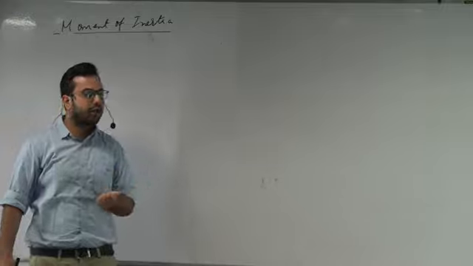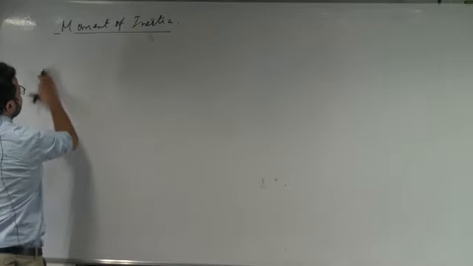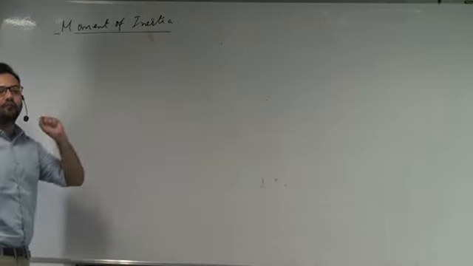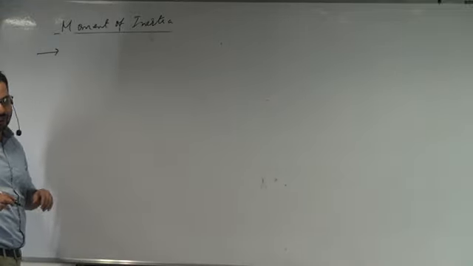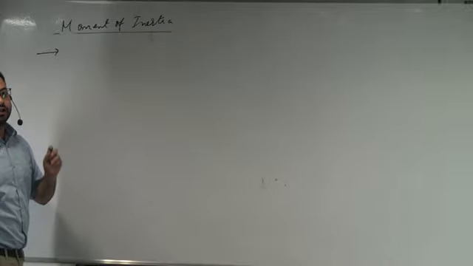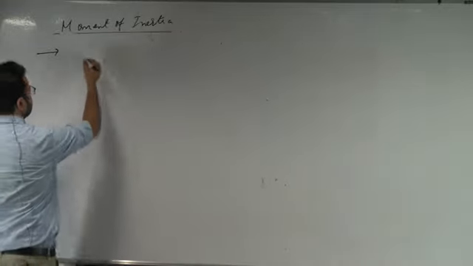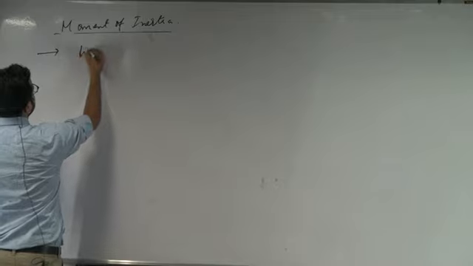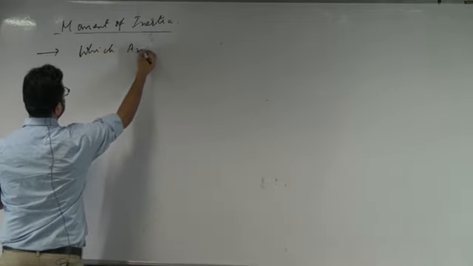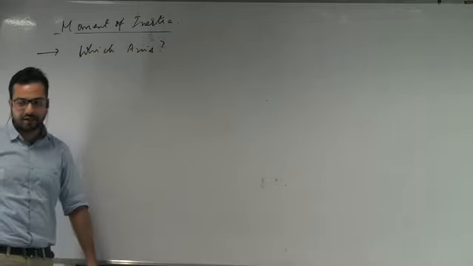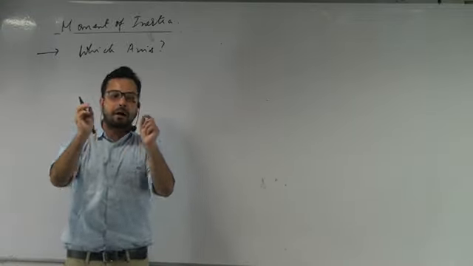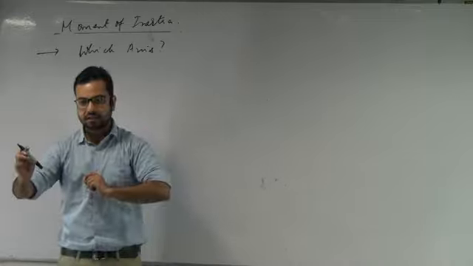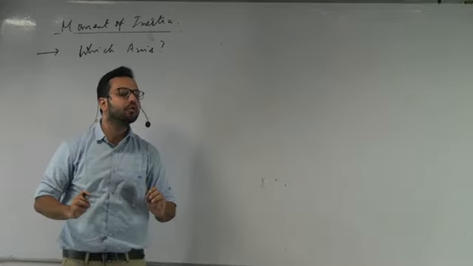Is that correct? Moment of inertia is defined for an axis. So if ever I tell you to find out the moment of inertia, you're going to ask one basic question: about which axis? Moment of inertia is defined for an object or a group of bodies, but it is defined about an axis. For different axes, for the same object, you can have different moment of inertia.